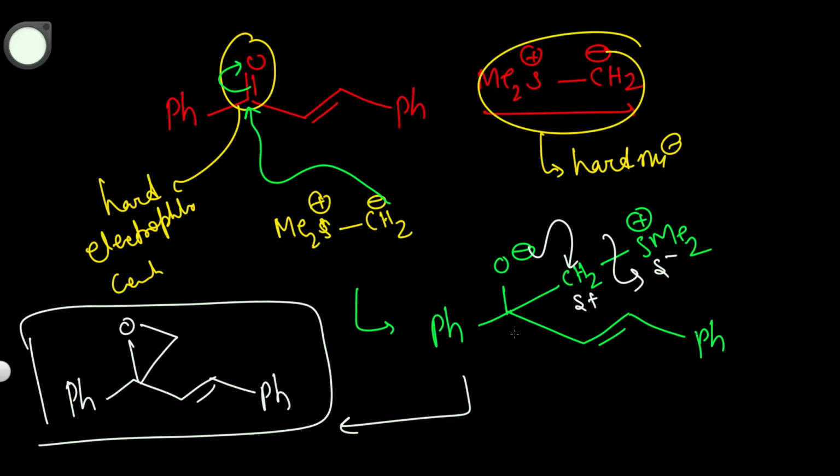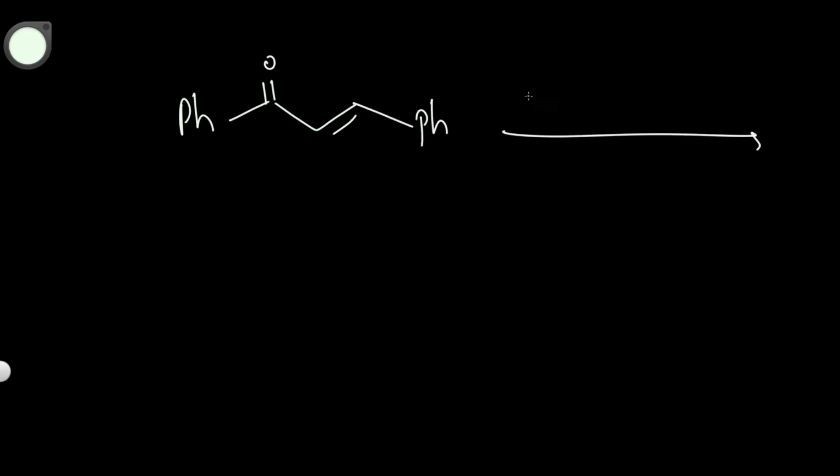Now I am talking about a different reagent from the one we have taken previously. Let's see. I have taken here PhC double bond O, and here is a Ph, and now I am taking a reagent here, Me2S with a positive charge, but here I have attached the electron withdrawing group cyanide. Now this sulfur ylide is acting as a soft nucleophile.